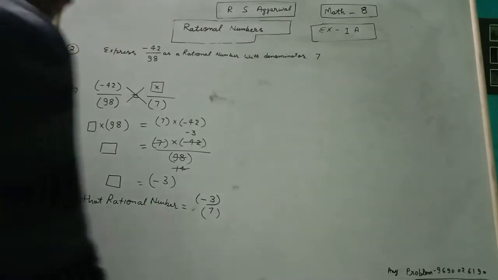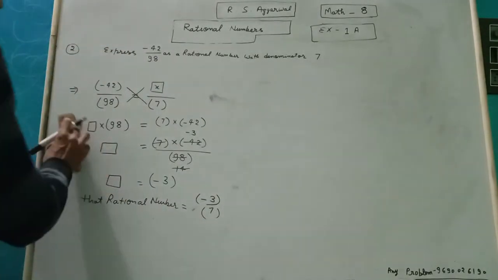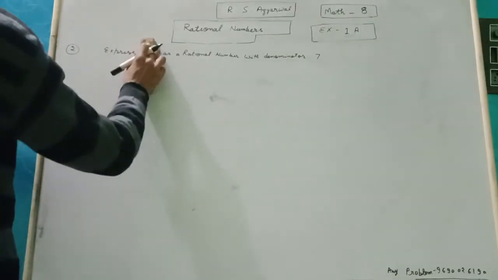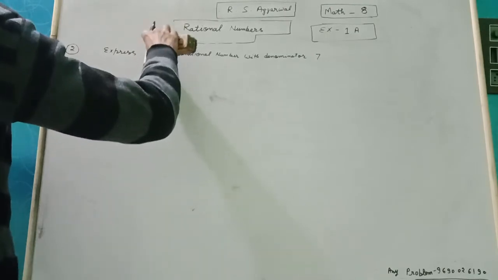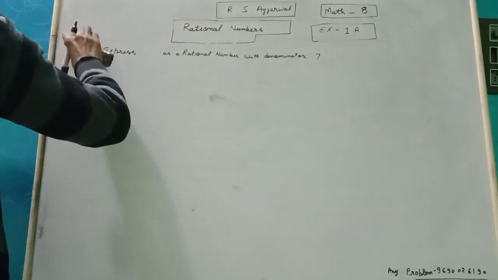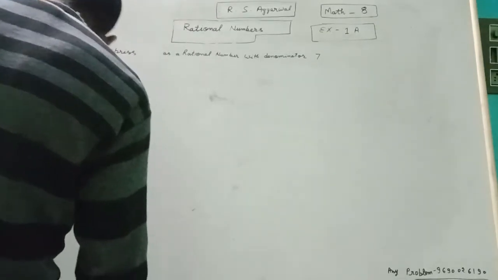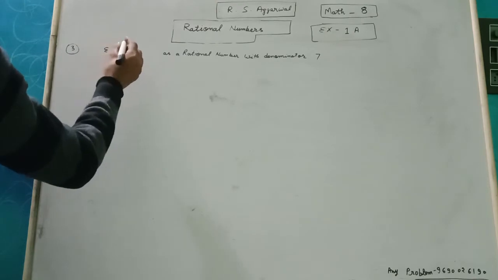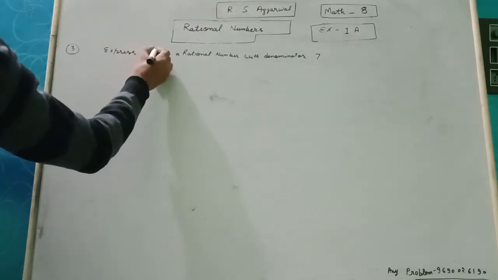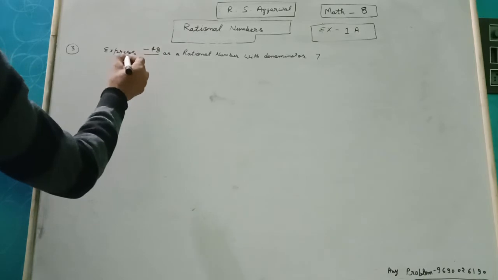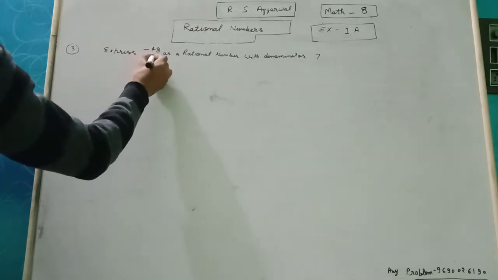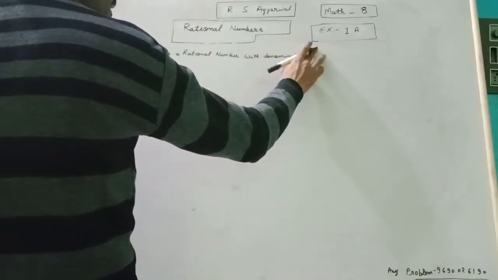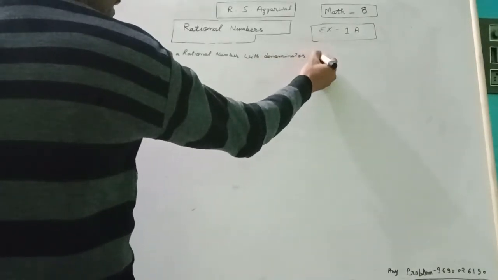Question 3 is the same process. This time it is minus 48 upon 60. Denominator this time is 5.